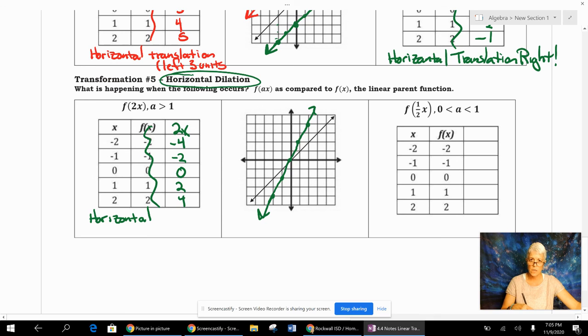We're going to call it horizontal, and instead of a stretch, it's considered a compression. A horizontal compression, and instead of by a factor of 2, we're going to flip it, by a factor of 1/2. So again, everything is getting flipped. What used to look like a stretch is now a compression. Remember, when it's affecting the x, everything is going to be the opposite.